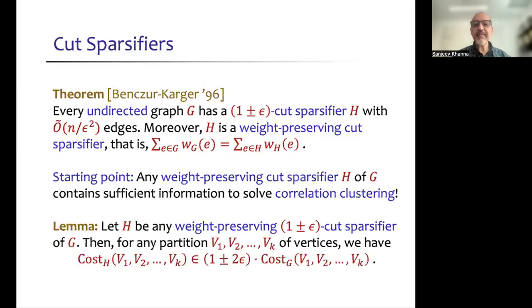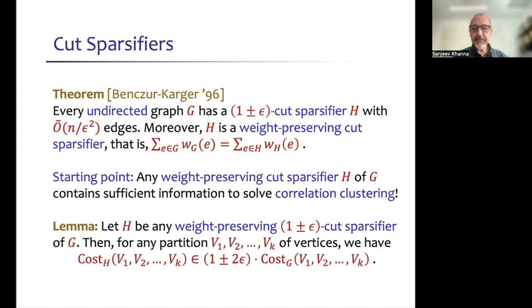Our starting point is a simple lemma that shows that any weight-preserving cut sparsifier contains enough information to solve correlation clustering almost optimally. In particular, what the lemma shows is that for any correlation clustering solution, its cost in the original graph G and its cost in the weight-preserving cut sparsifier H differ only by a 1 plus epsilon factor.